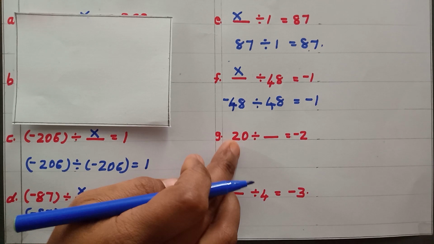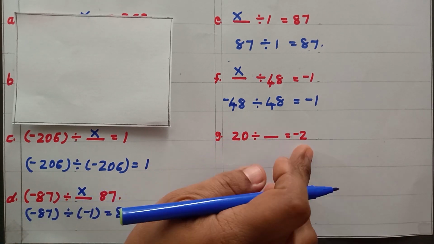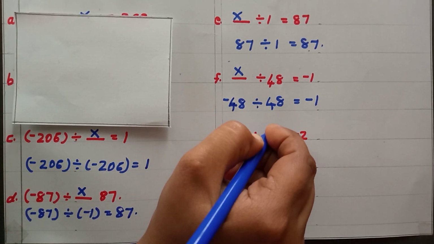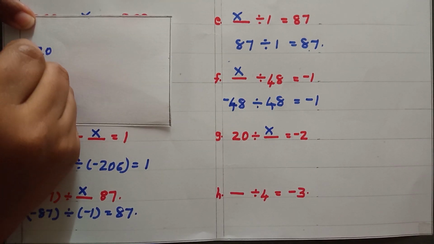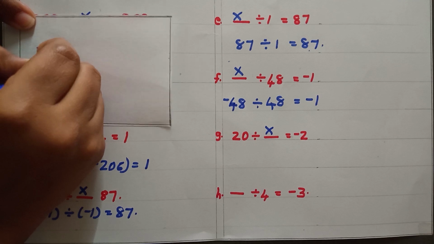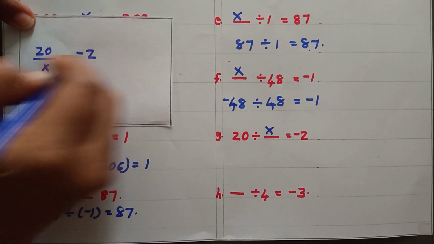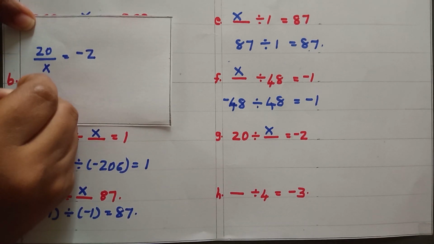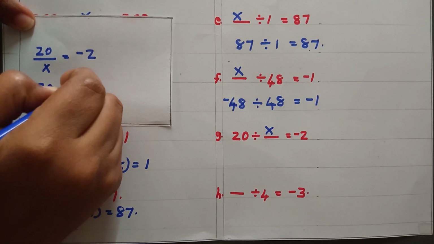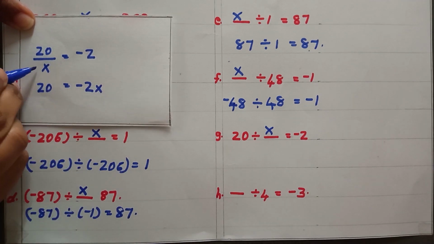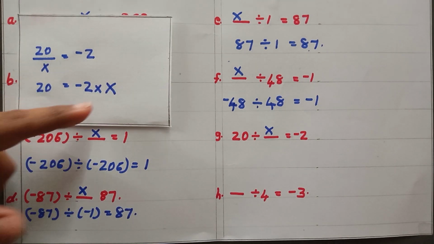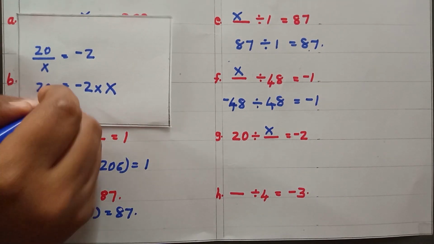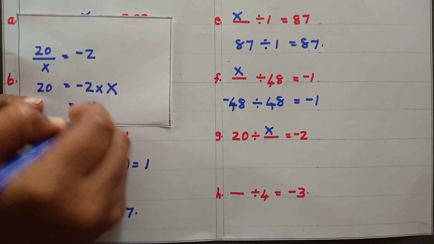Next one, 20 divided by dash equal to minus 2. Let this dash be x. So 20 divided by x equal to minus 2. 20 equal to minus 2 into, take this x to the other side. Then minus 2 into x. Then keep this x here.